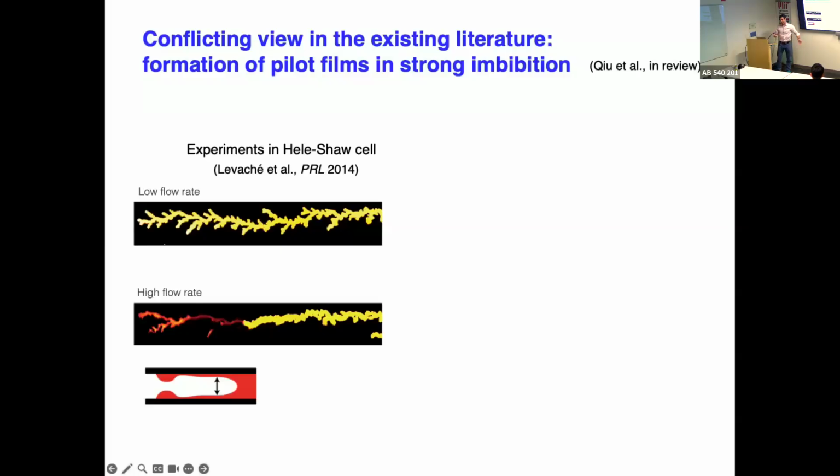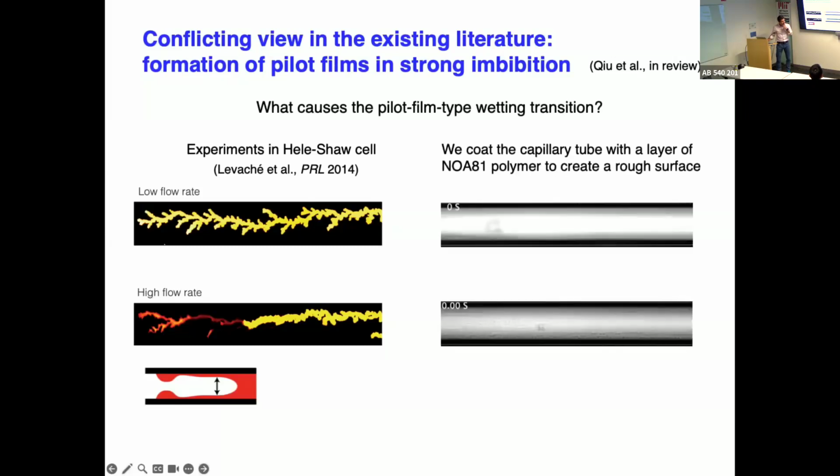This is a PRL paper, you cannot just ignore it, right? And this is a good group of experimentalists. So which one is it? Right? So we did our best to repeat these experiments, our experiments, under their conditions.